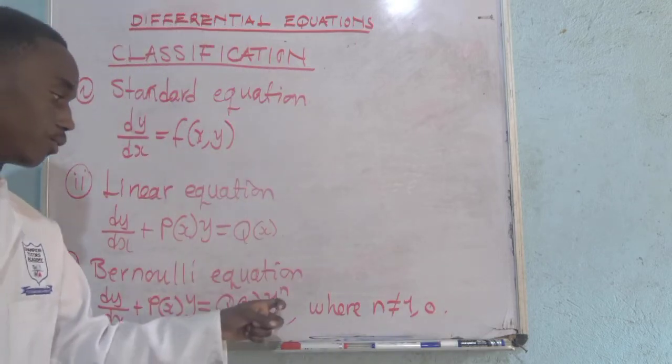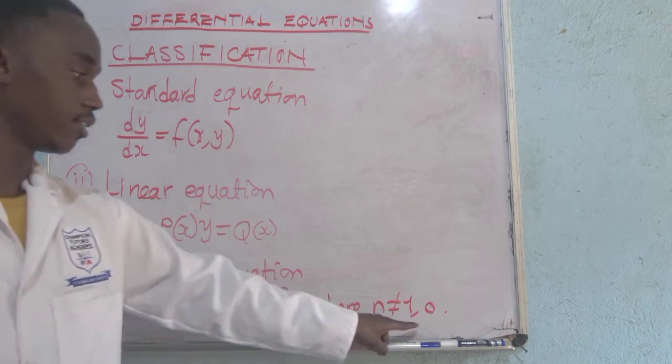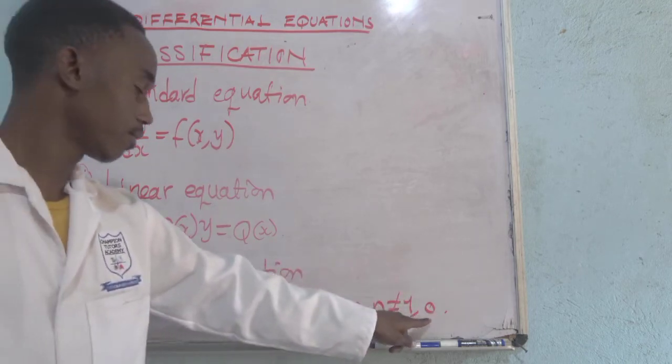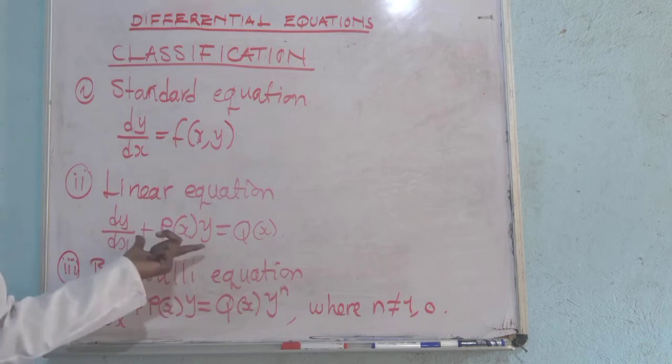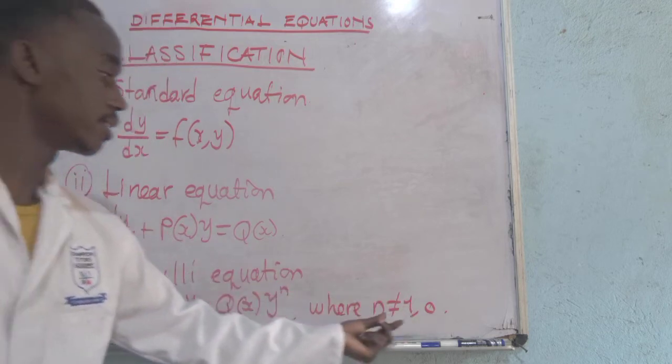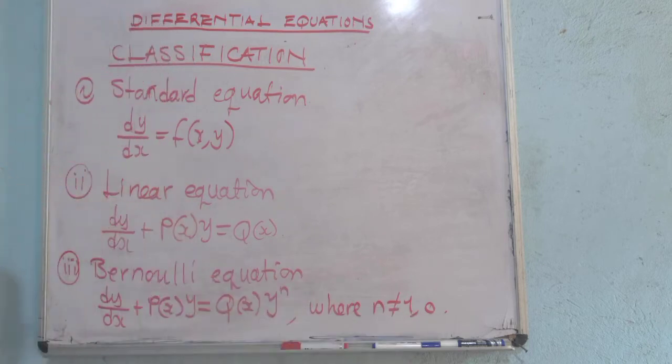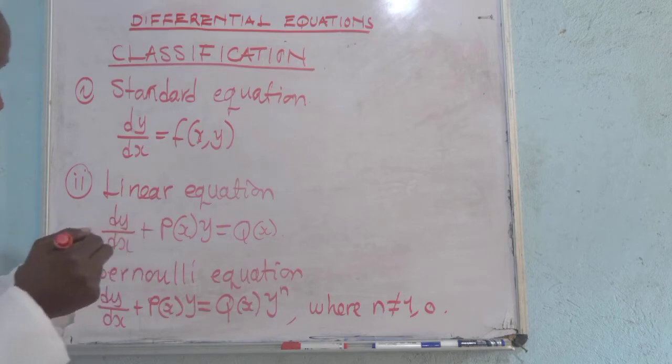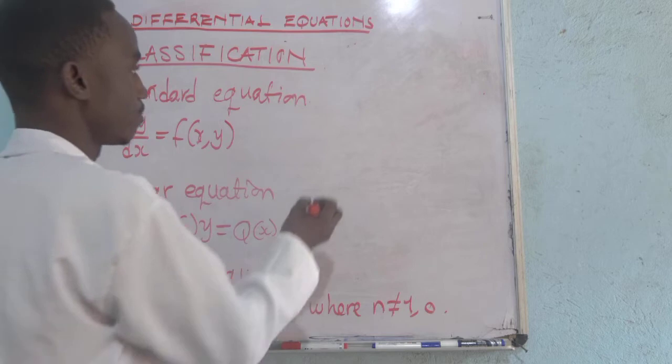At this point we would not have n equal to 0, because in the case of n equal to 0 we'd have a linear equation, and we can't have it as a power of 1 either, meaning it's some other number greater than 1 going upwards like that.